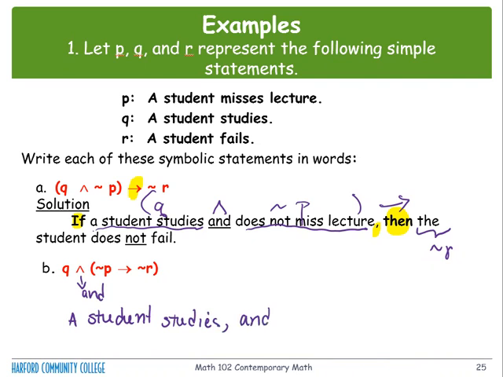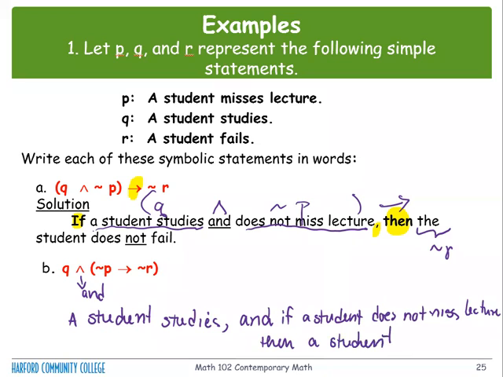Comma, and then for the statement if then, if a student does not miss lecture, then a student passed. As you notice, the comma sign separates the left and the right side of the main connective.